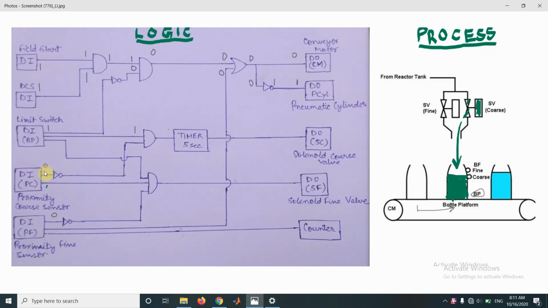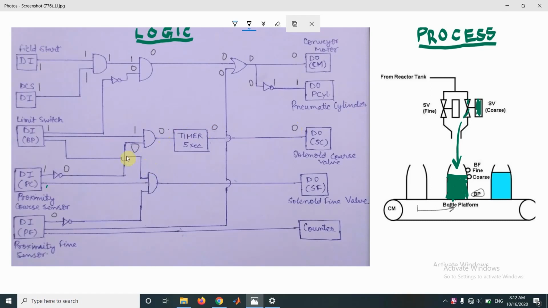Hence the input from this sensor would be 1. Due to this NOT gate, this input of the AND gate would be 0. This AND gate would be off. This will cause the timer to reset and the solenoid coarse valve will now stop.